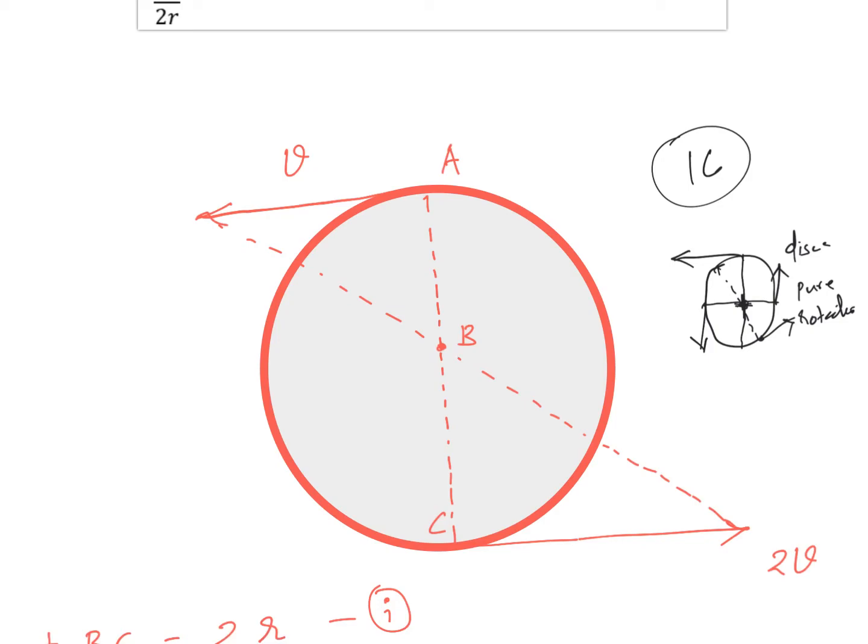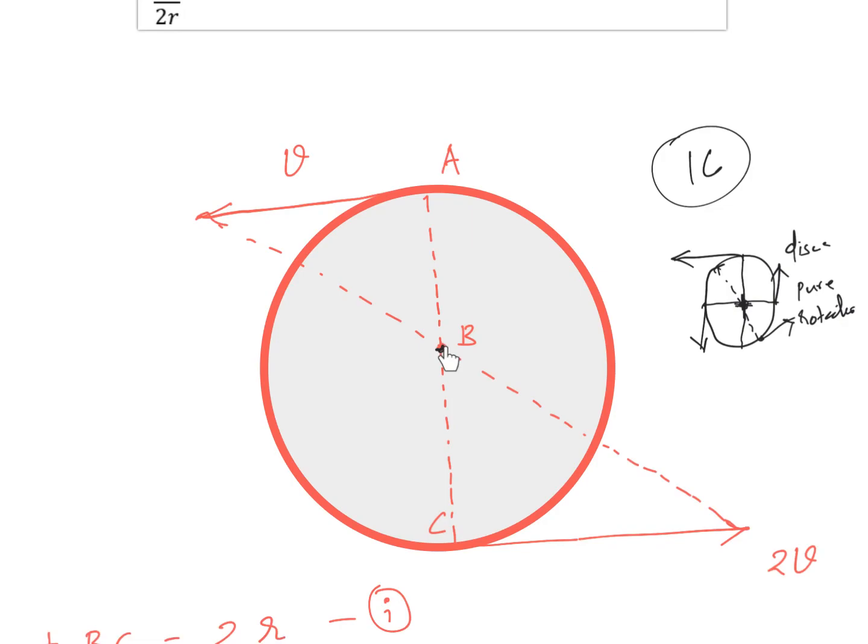Exploiting that concept, I draw normals, and the instantaneous center should lie somewhere here. Let's assume my instantaneous center is at point B. It is not at the center, it is some random point which I call B.